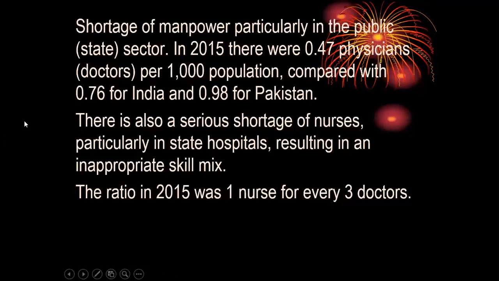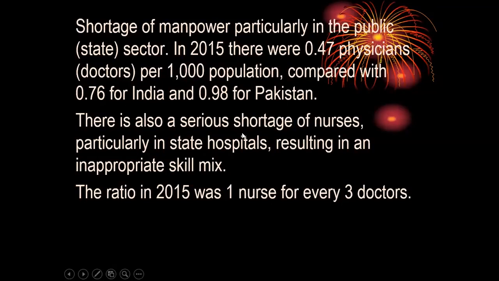Now, the summary. Shortage of manpower, particularly in the public sector. Public means government sector. In 2015, there were 0.47 physicians per thousand population, compared with 0.76 for India and 0.98 for Pakistan.